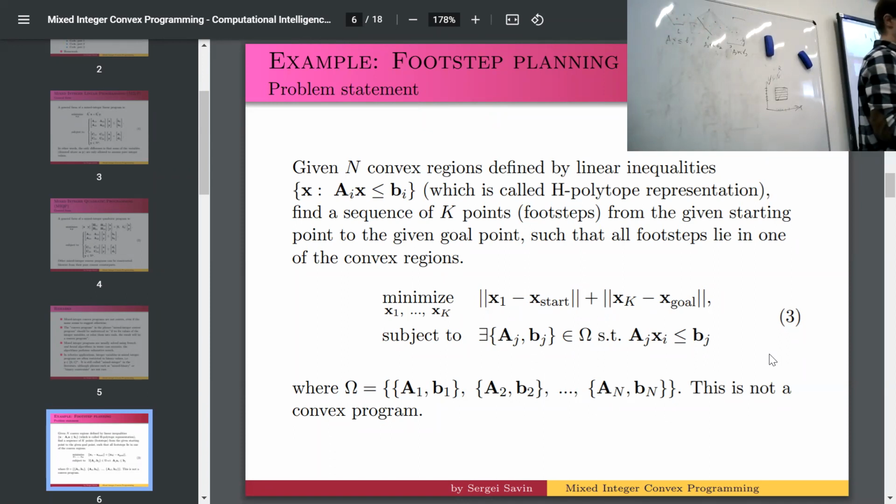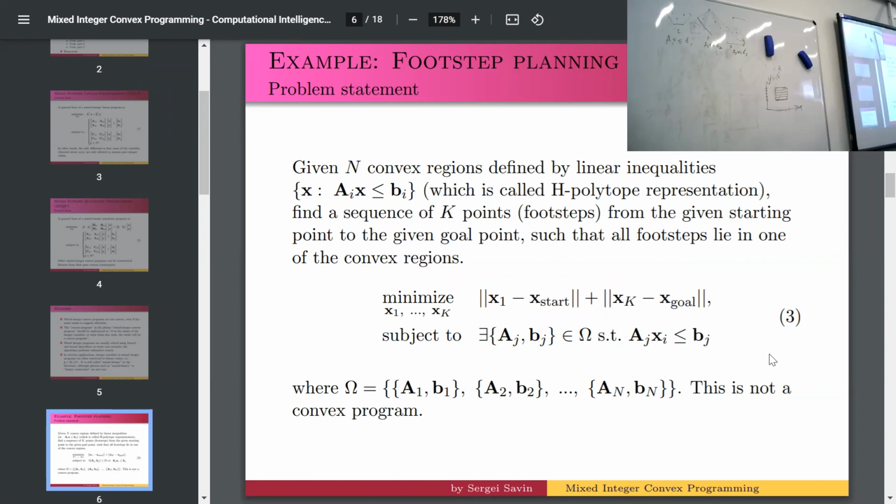Okay. Now, I can formulate this as expression 3. So in expression 3, notice we minimize the distance between the first footstep and the start, and the last one and the goal. And you say that there should exist A and B in the set of all polytopes, such that A x is less than or equal to b.